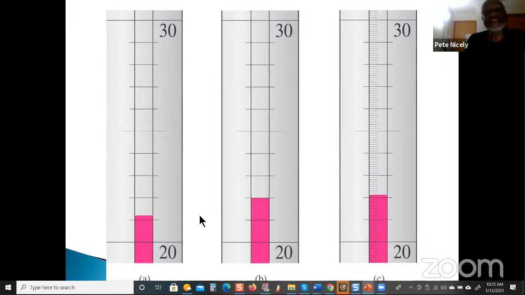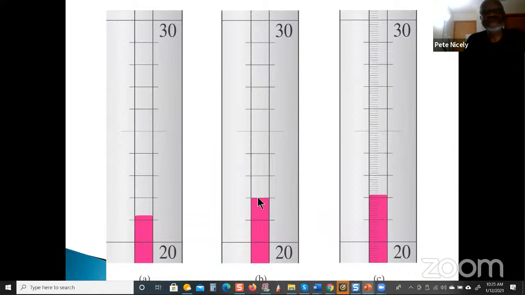Okay, so let's look at this middle thermometer right here. In this case, the mercury level seems to be just at the 22 mark. But because the spacings here are the same as the spacings here, the level of significance must be expressed identical to the one expressed here.